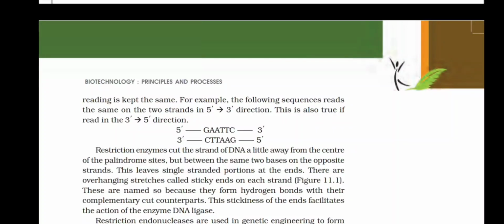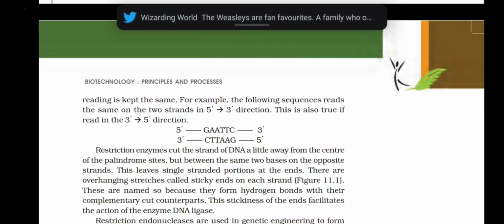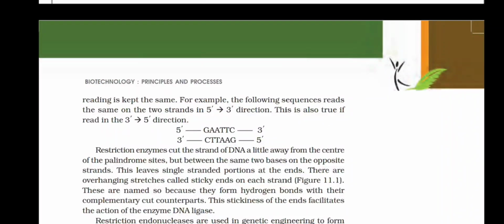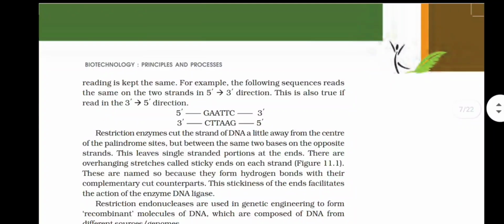This is also true in the 3' to 5' direction, which is basically like if A equals B, then B also equals A. See, if 5' is G, A, A, T, T, C, then the reverse, going from 3' to 5', is C, T, T, A, A, G.